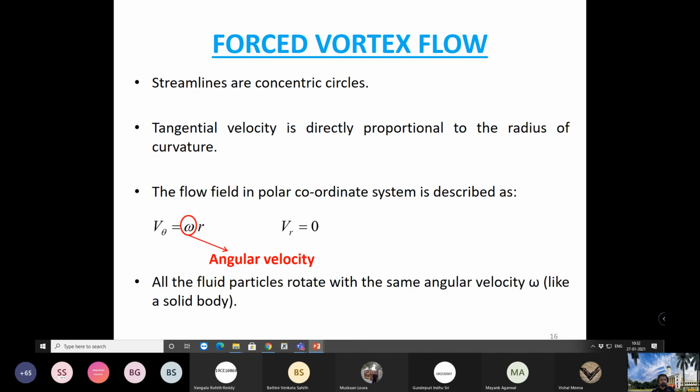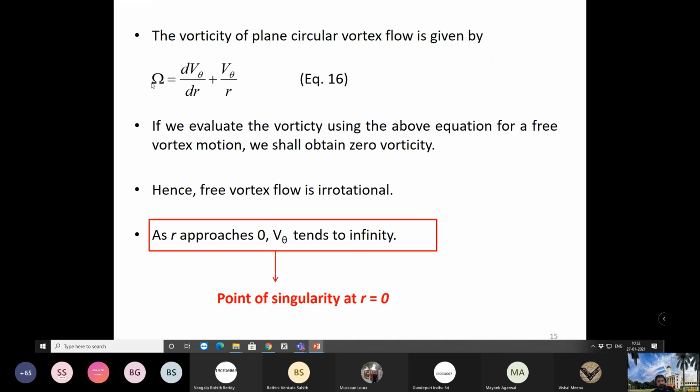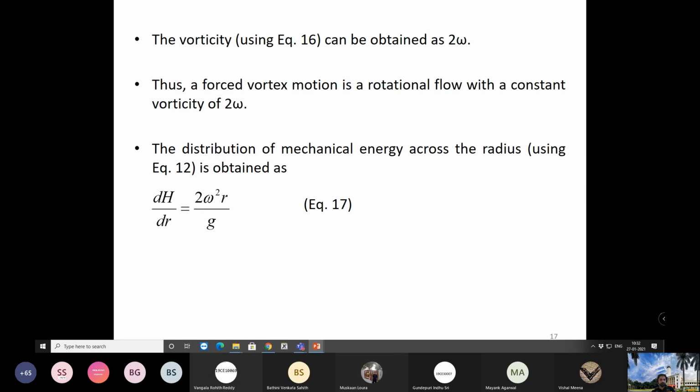If you substitute V theta equal to r omega and Vr equal to 0 in the equation, you will end up with dV theta by dr plus V theta by r. It will give you 2 omega. Thus, a forced vortex motion is a rotational flow with a constant vorticity of 2 omega.